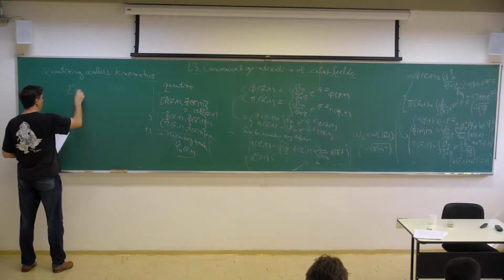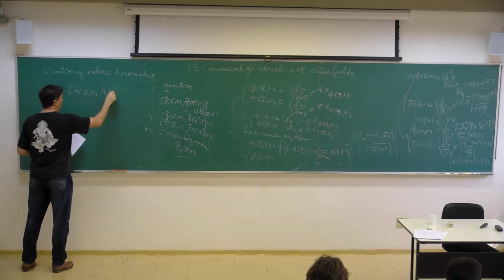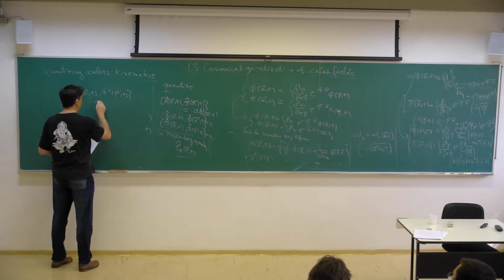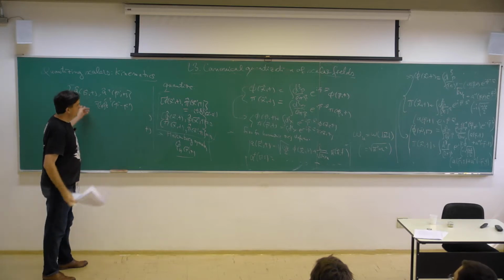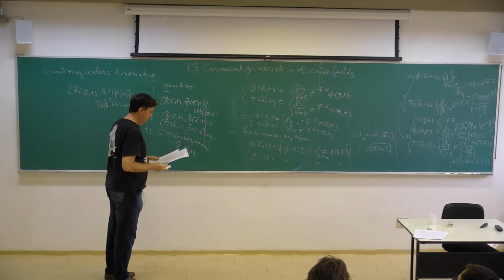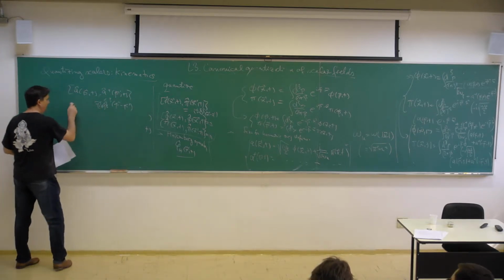So we obtain A p t with A dagger p prime t is 2 pi cubed delta of p minus p prime. Well, let's check one of them. And the other one is 0, right?